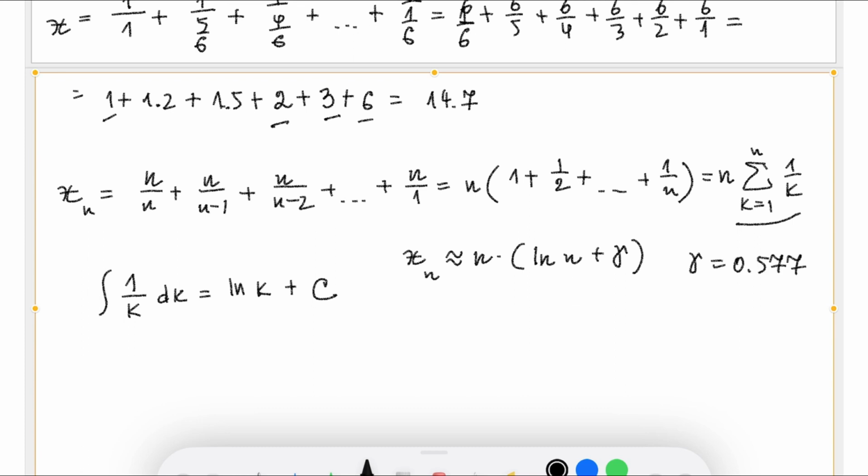This is called Euler constant. And in this way you can approximate the result more quickly rather than just calculating this big sum. And this is a very nice solution, I think.